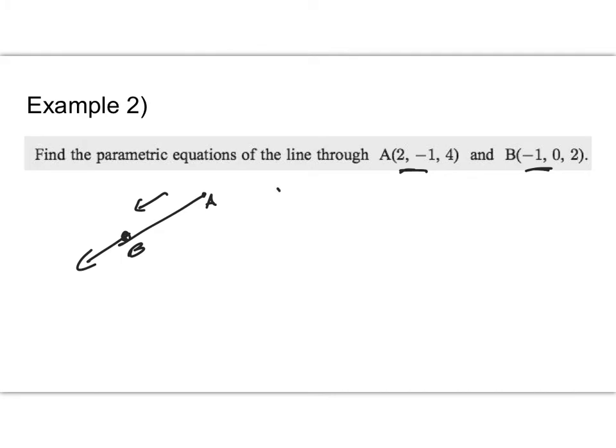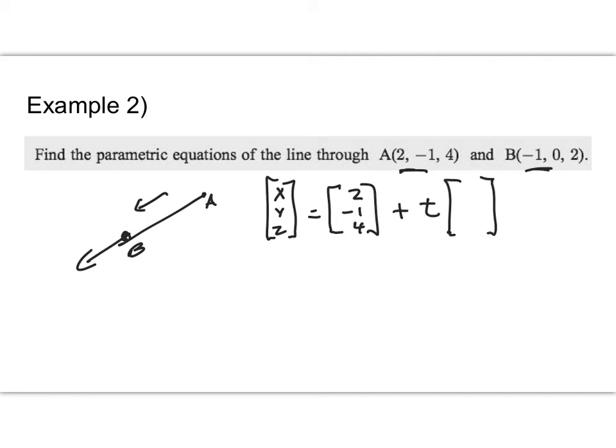So x, y, and z is going to equal my initial value, which is A, 2, -1 and 4, plus t times the vector from A to B, which I have to calculate.